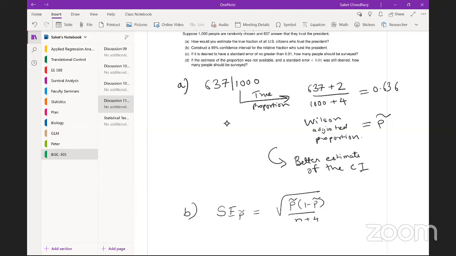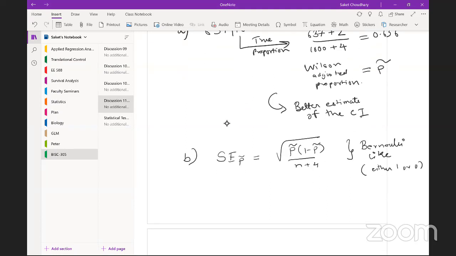The reason this formula looks like this is because you can think of this as a Bernoulli trial, so it's either 1 or 0. And if we do that, then this is essentially just plugging in the values. And n is 1,000. That's already given to you.